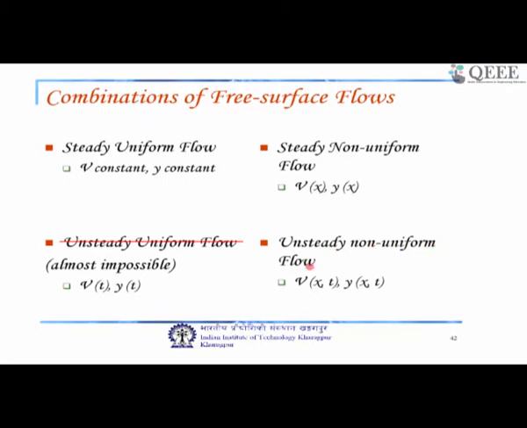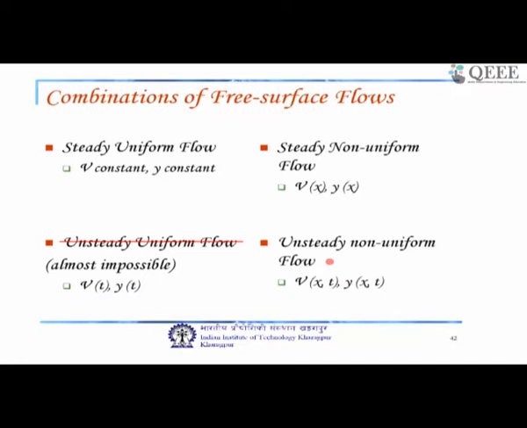Unsteady non-uniform flow, this is the most general condition for open channel flow, and practically this is the situation. If you consider any river channel, there you will find that there is variation in your cross sections. At the same time, depth of flow will be varying spatially and temporally.